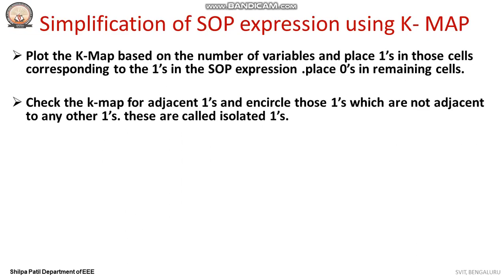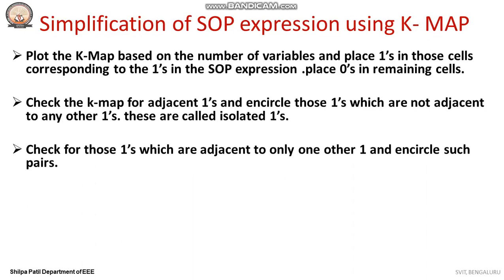They are called isolated ones. So first we will find the isolated ones. Then we will check for the ones which are adjacent to only one other one, and we will encircle such pairs.